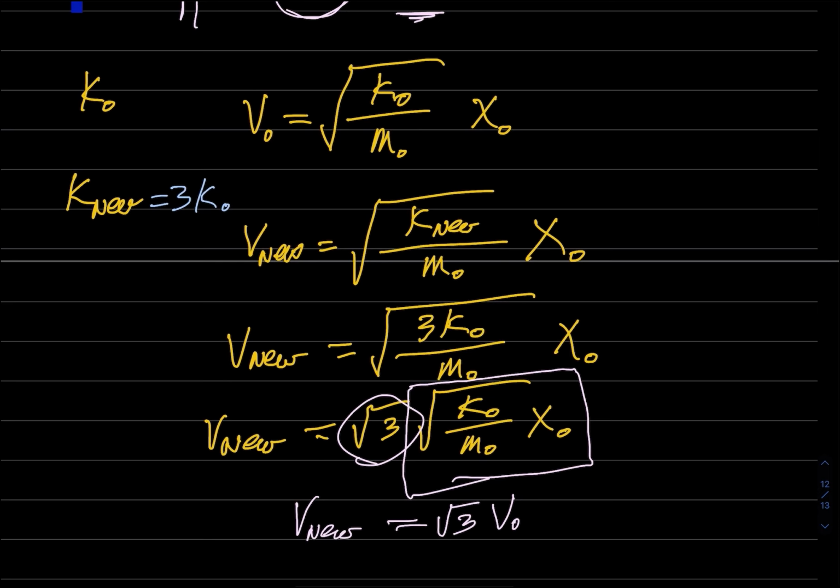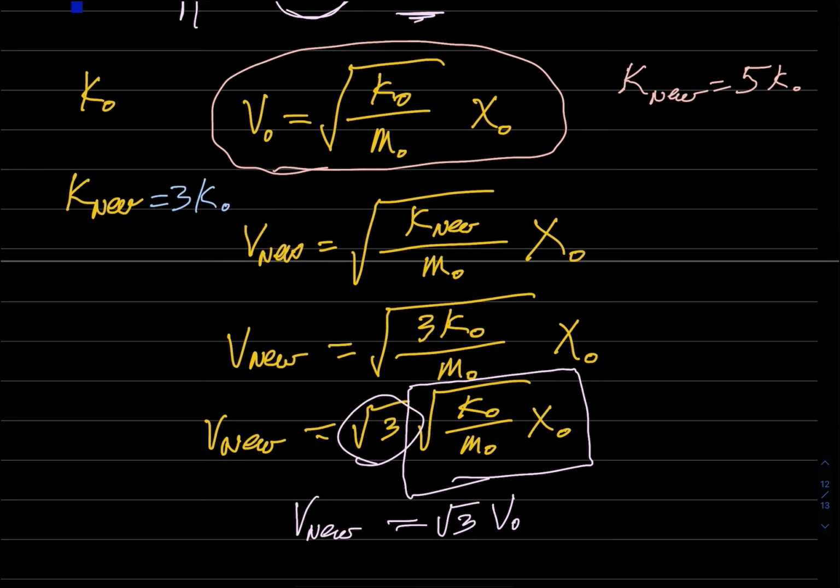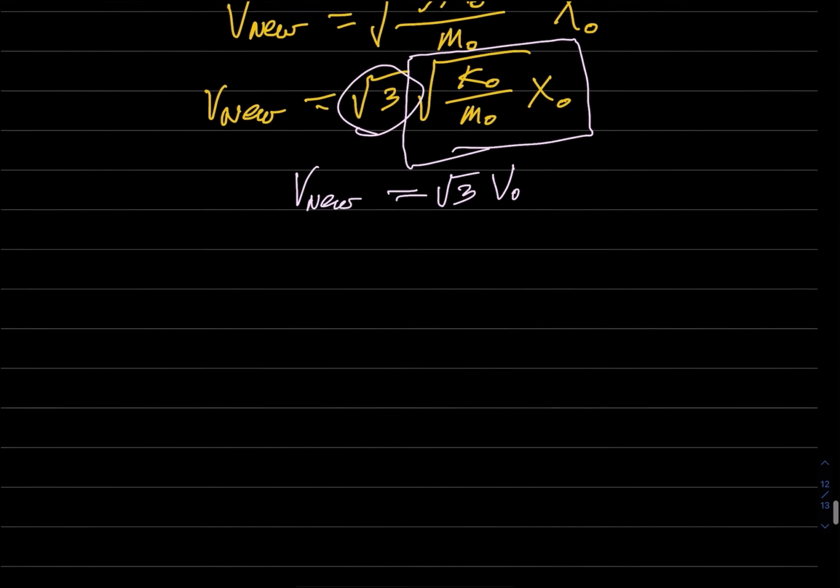Let's do one more really quickly just to show you. We're going to say that we did this situation with a certain mass, a certain spring constant, and now we're going to do it again, but we're going to increase the spring constant by a factor of 5, and we're going to double the displacement. Very easy.